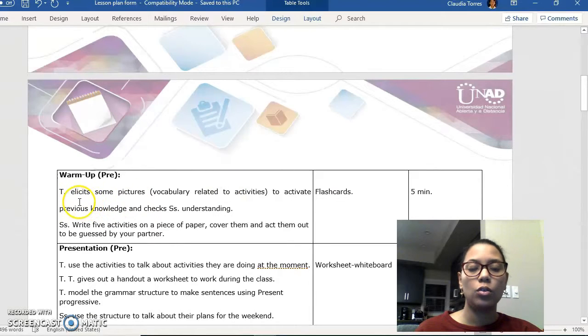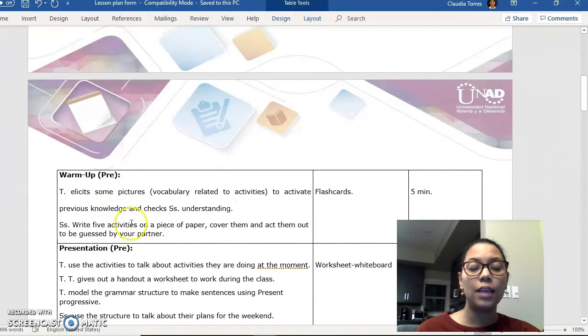So I elicited some pictures to activate previous knowledge about activities. So vocabulary about activities. Because remember, we're going to talk about activities happening at the moment, so they need to know vocabulary about activities.